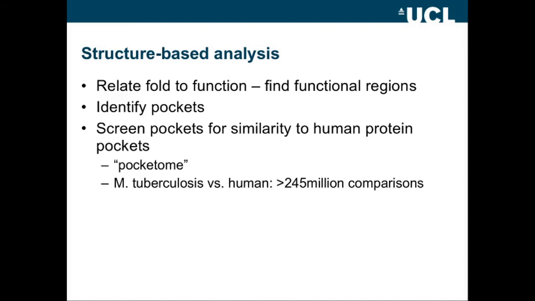That is useful when we, in this case, are looking at producing some sort of antibiotic. But it applies equally to trying to avoid cross-reactivity when we're designing drugs against human proteins. Because here we're looking not just at homology of the overall protein, but looking to see whether individual pockets where drugs might bind look similar to one another.